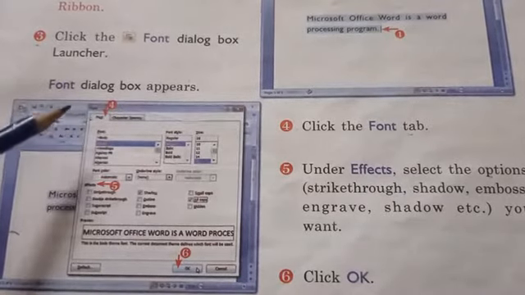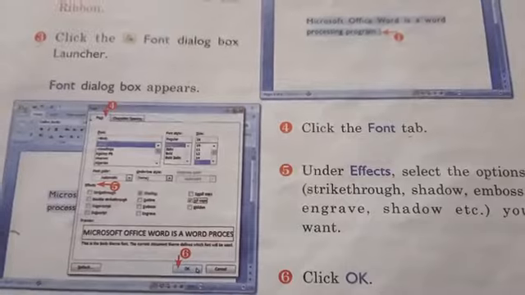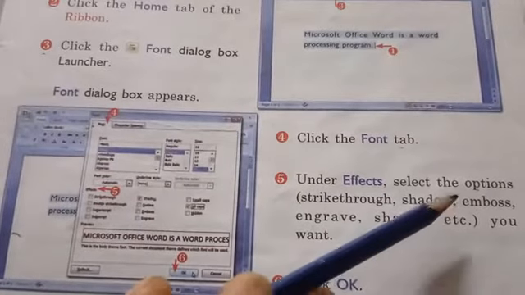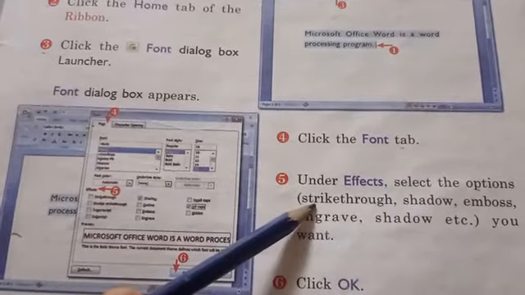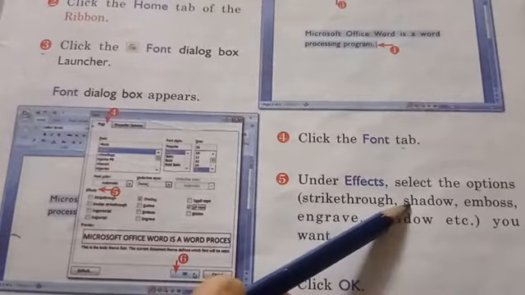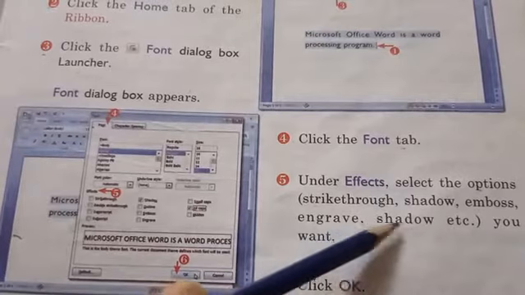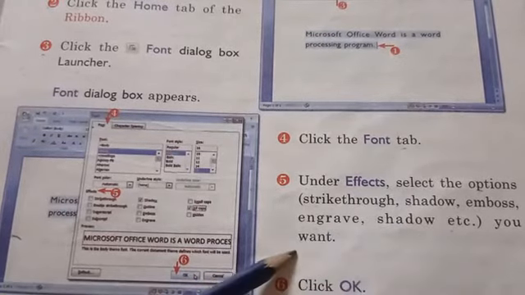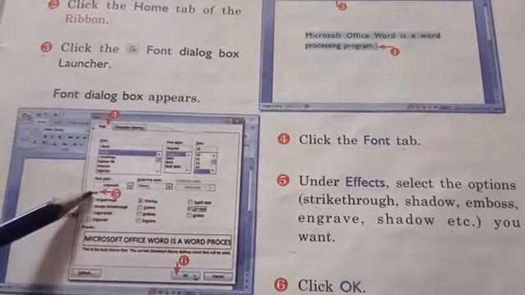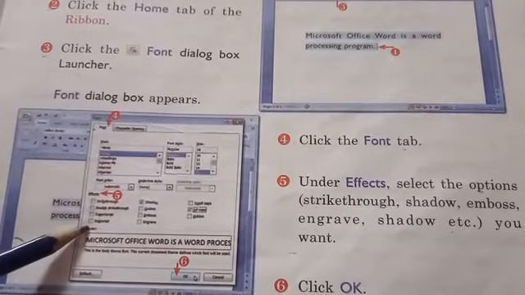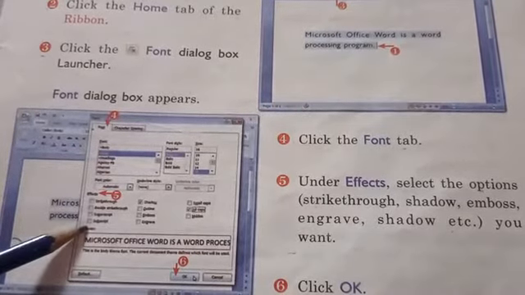Under Effects, select the options strikethrough, shadow, emboss, engrave, etc. that you want. You can see here, any effect you can select.